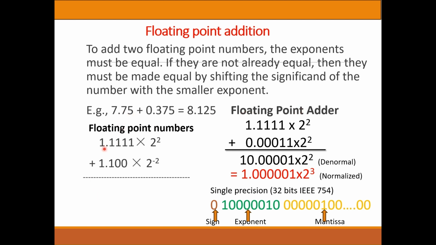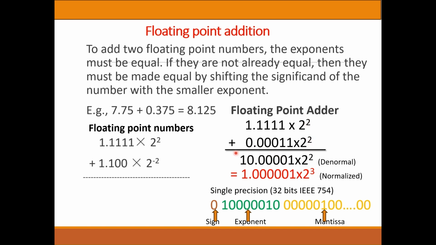So 7.75 is equivalent to 1.1111 times 2 to the power 2, and 0.375 is 1.100 times 2 to the power minus 2. I have written them in normalized form. When you are representing these numbers, you represent them as per the IEEE 754 standard. Now what will the floating point adder do? It will adjust the exponent of the smaller number. The second number is smaller, so it shifts the mantissa part until the exponents become the same.